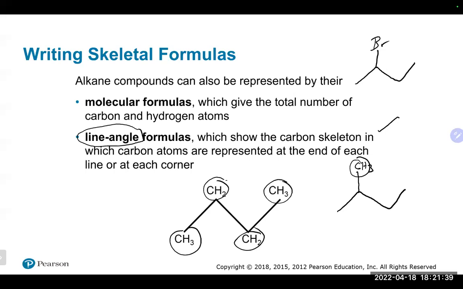For example, if you had a double bonded oxygen, they would draw it in on the line structure. So if it's something other than carbon and hydrogen, it would be drawn in, but carbon and hydrogen are not written into the structure. Any questions on that?